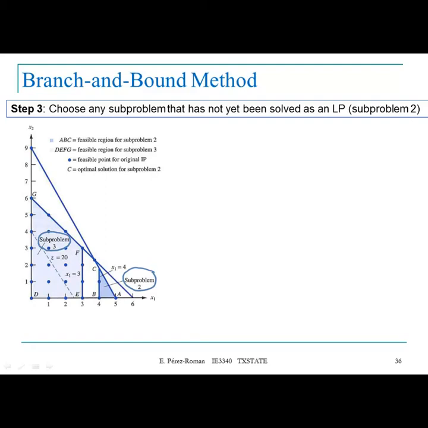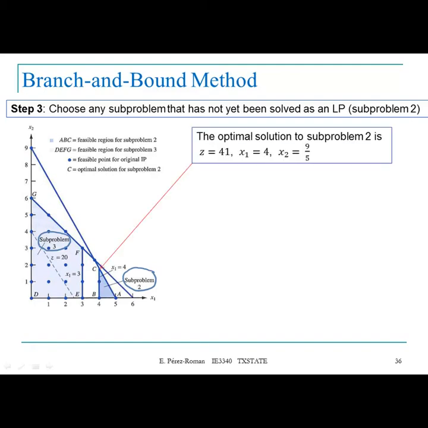So we're going to choose subproblem number 2, and we're going to find the optimal solution for subproblem number 2, which is only this area. So the optimal solution to subproblem number 2 is this one, z equals 41, x1 equals 4, and x2 equals 9 over 5, which is located here.